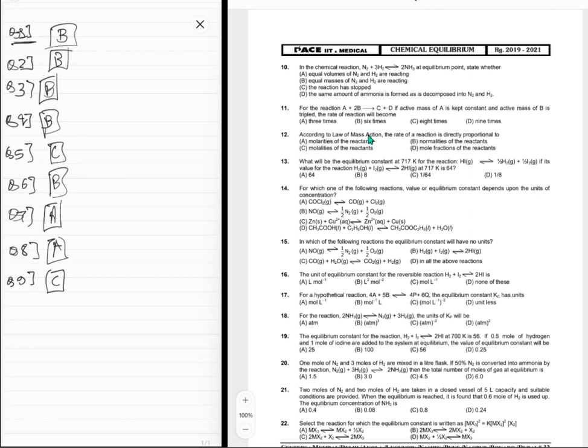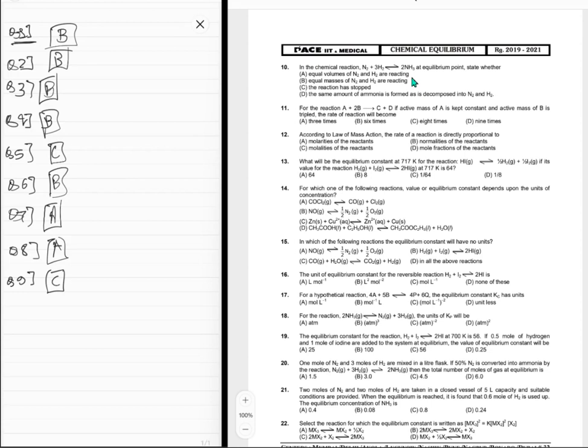In the chemical reaction, at equilibrium point, state whether... Okay, fine. Equal volumes of N2 and H2 are reacting? No, not at all. Equal masses of N2 and H2?